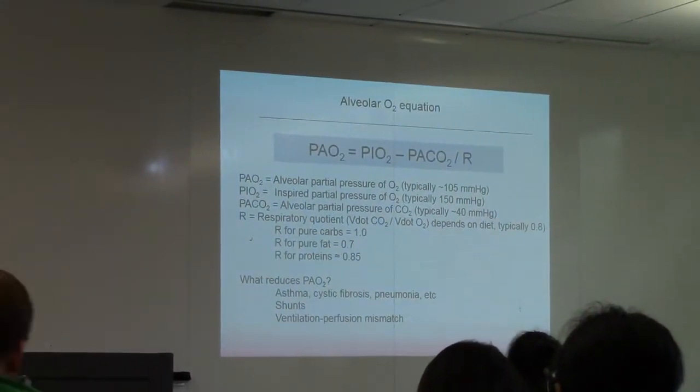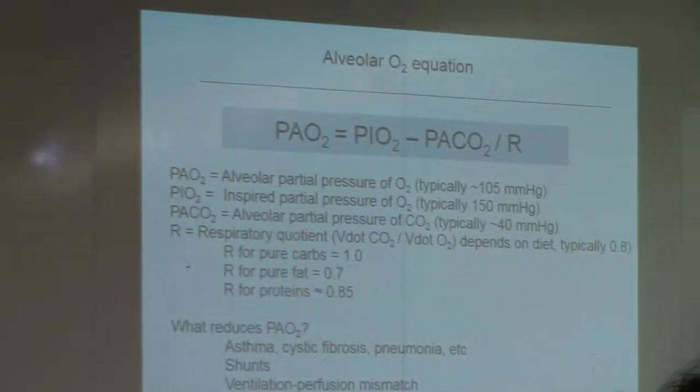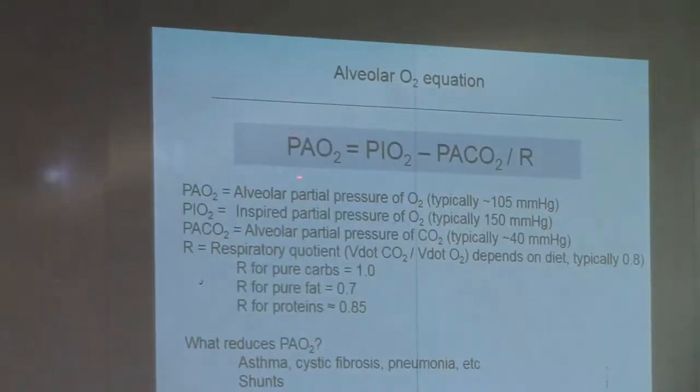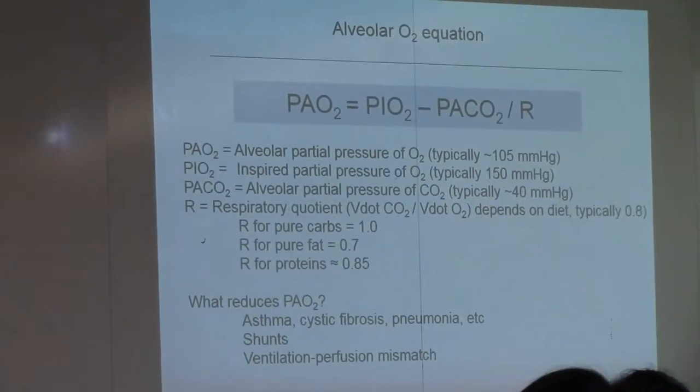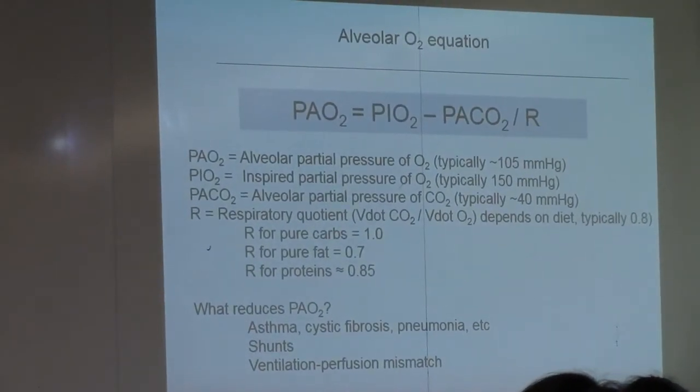Okay, so where does this equation actually make some sense from metabolism and from physiology? So what is in our alveoli, in terms of partial pressure, is what we inhale minus the CO2 that we produce, because CO2 is taking up partial pressure.